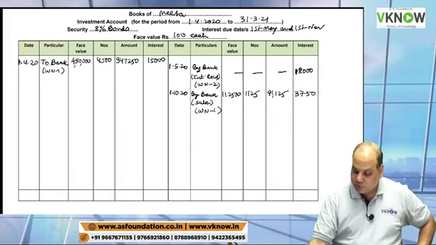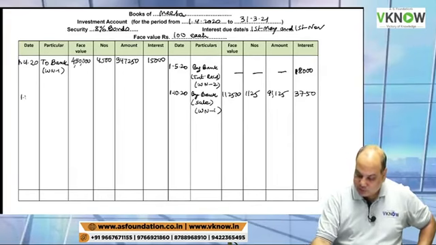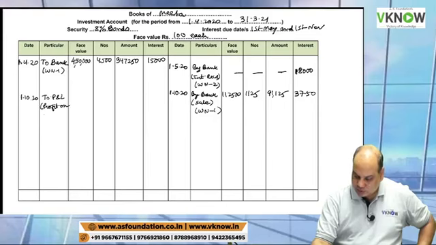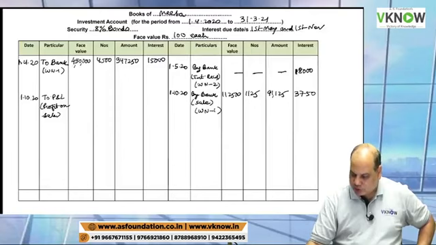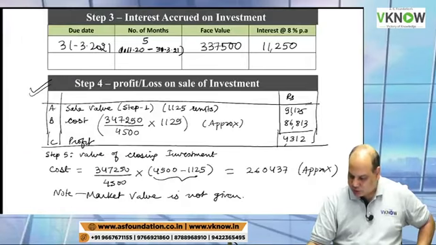Any query on this? Immediately on the debit side, 1/10/2020 to P&L account, profit on sale. There was a working note for that, working note 4, 4312.